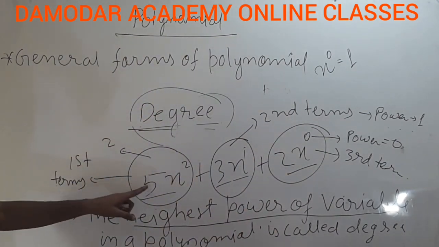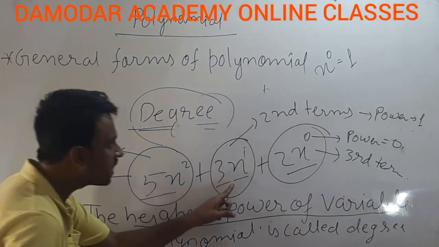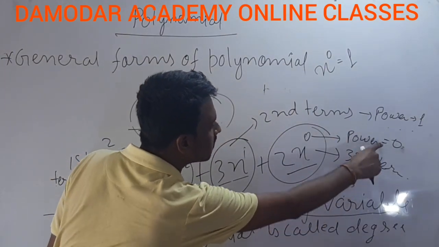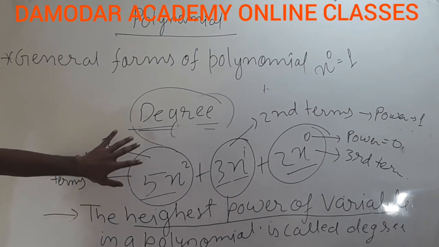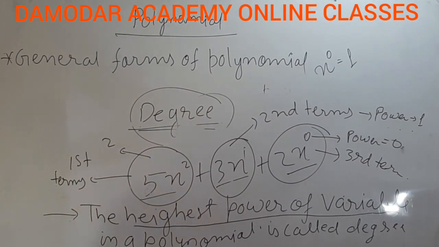Okay? For the first term, the power is 2. For the second term, the power is 1. For the third term, the power is 0. Now, we will compare the power of each term and find out which one is the highest, which one is the greatest.